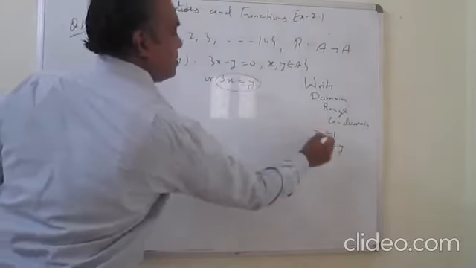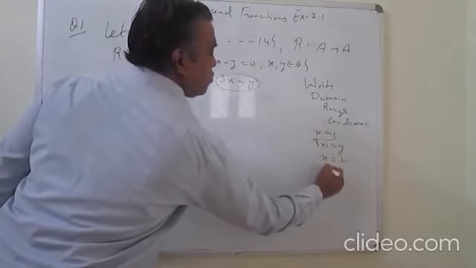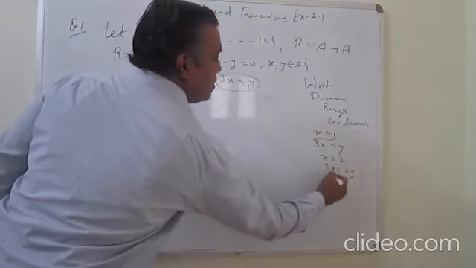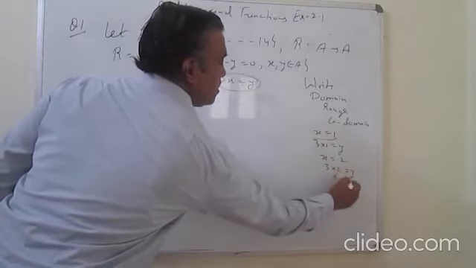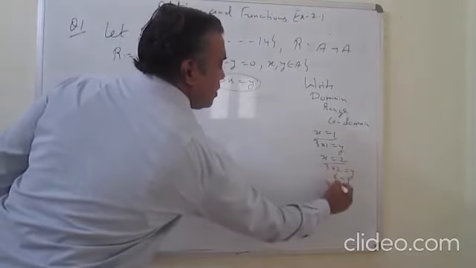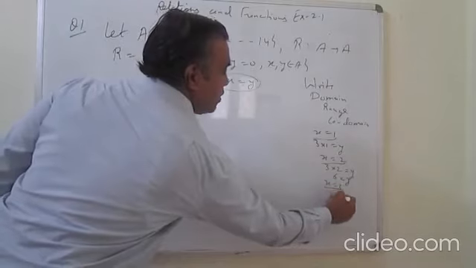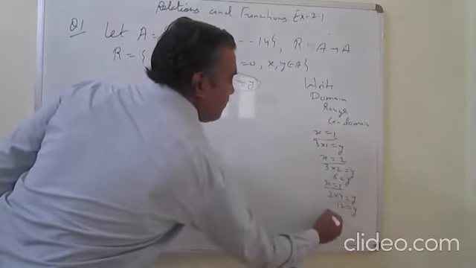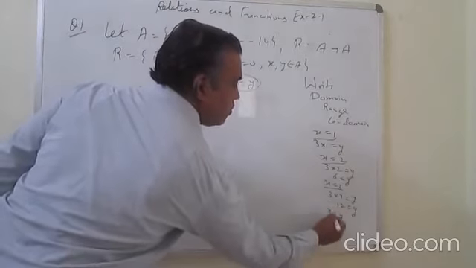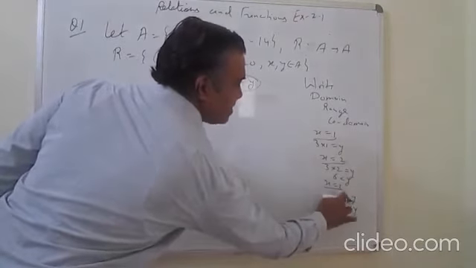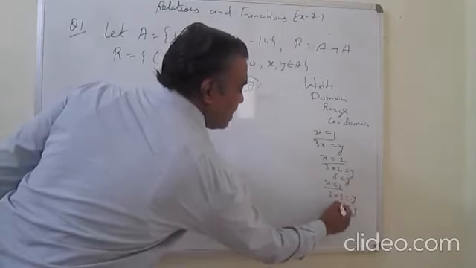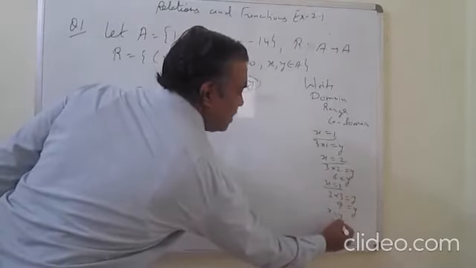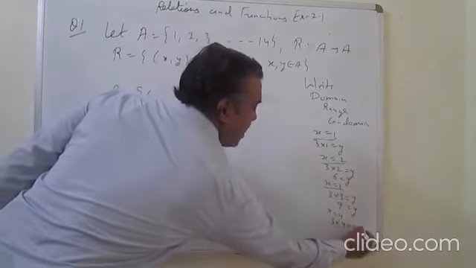What is y? 3. If I take x = 2, then y = 6. If I take x = 3, then y is 9. If I take x = 4, it is 3 into 4, 12, equal to y.